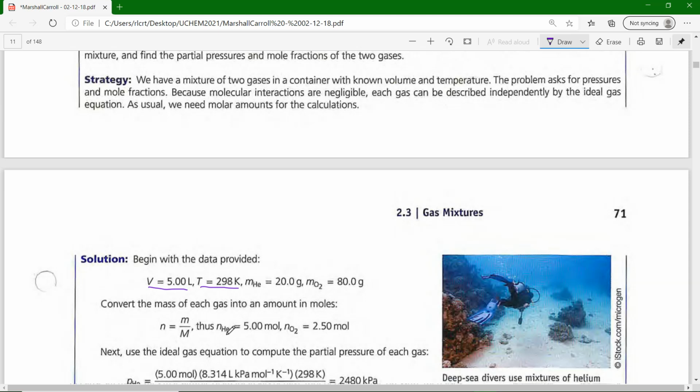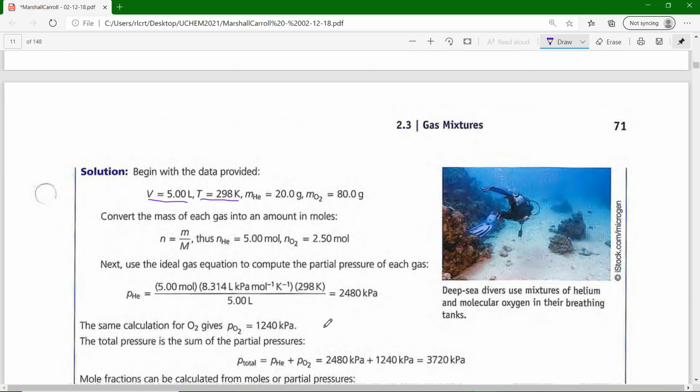Oh yeah, helium is 4, right. So 20 over 4 is 5, that works. And oxygen is 80 divided by 32, which is 2.5. So the total number of moles is 7.5. The moles of helium is 5, the moles of oxygen is 2.5.